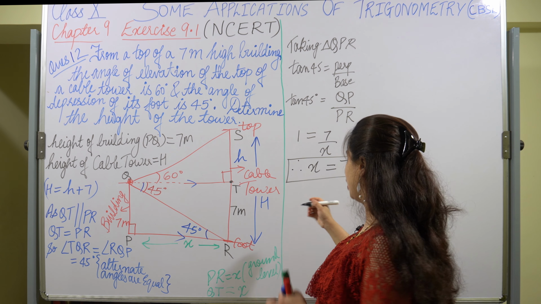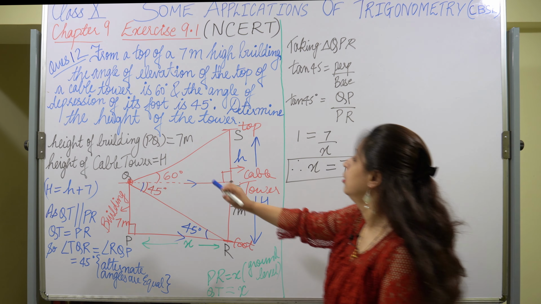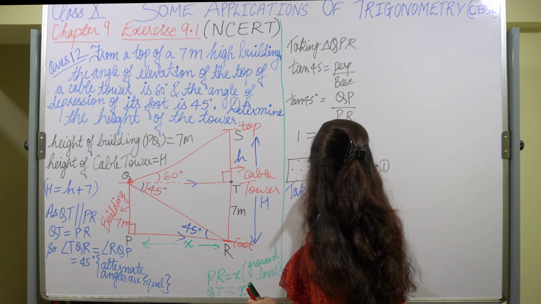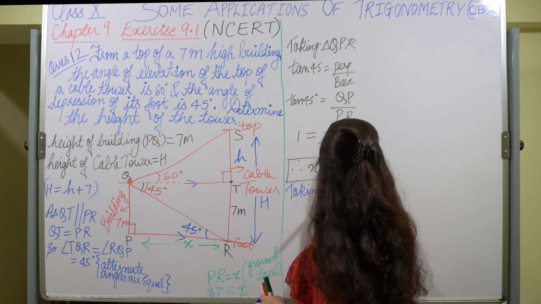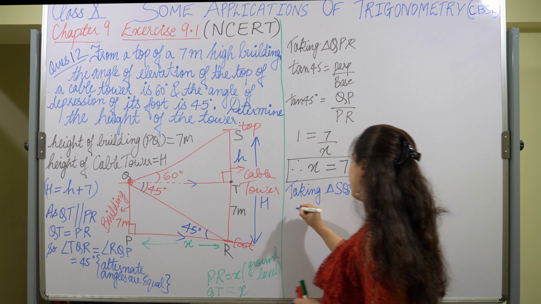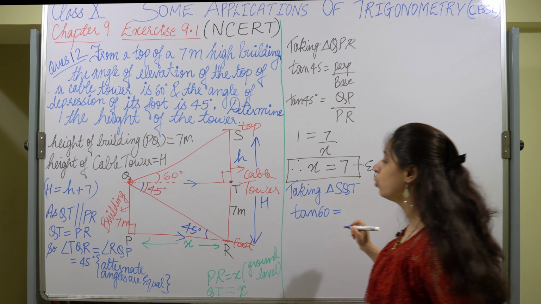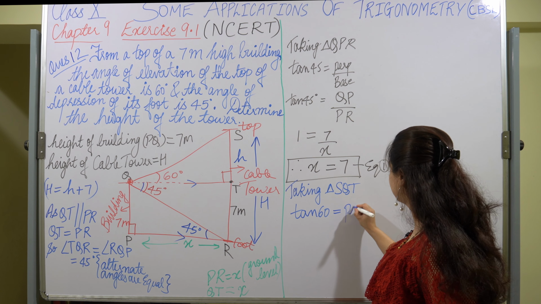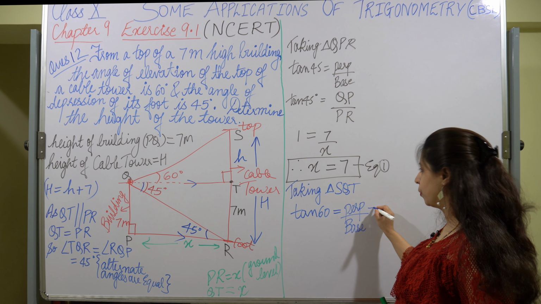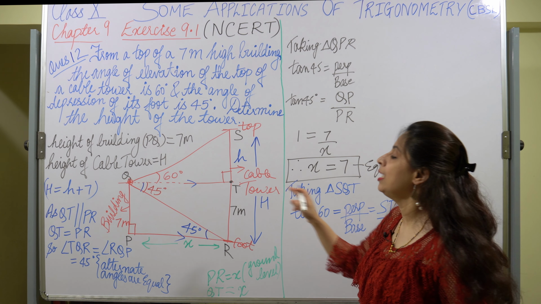Okay, so now we are taking the triangle SQT. In the triangle SQT, again we will be doing tan 60. So tan 60 will be equal to perpendicular upon base. So perpendicular will be ST and base will be QT.